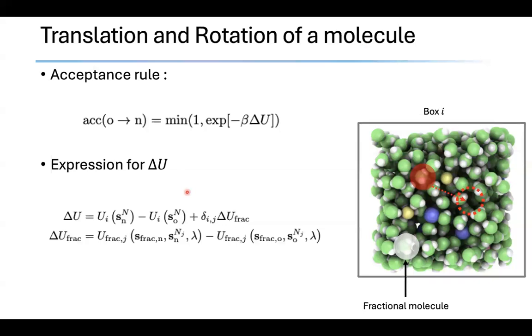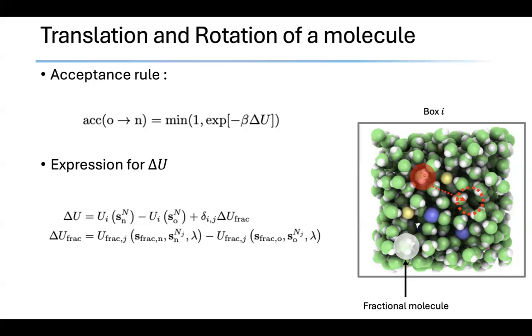During translation and rotation of a molecule, you first have to consider what happens to the energy of the system when you rotate or translate a molecule. For this, a box is chosen, and for demonstration purposes, I only pick the dense box. What I discuss now is equally valid also for the gas box. Once you choose a box, you randomly pick a molecule within the box and you perform a translation.